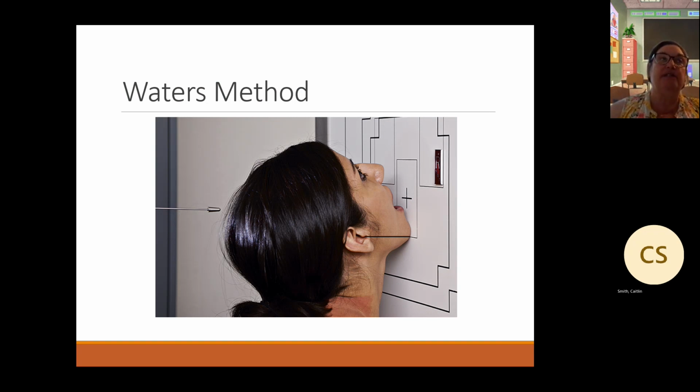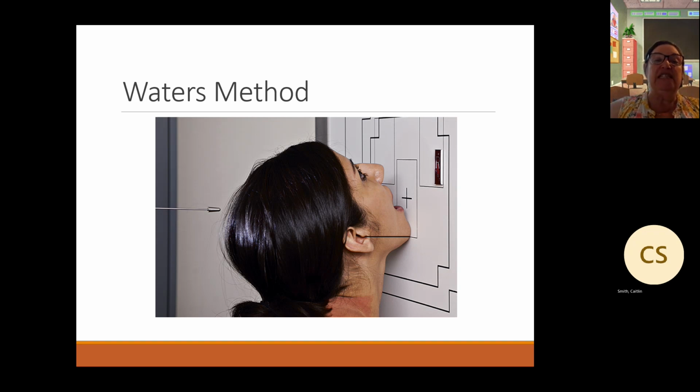Another projection, the Waters method, a lot of times is used to see any metal in the orbits. It's used to see the maxillary sinus or all the facial bones in the front. The mentomeatal line, MML, is perpendicular.